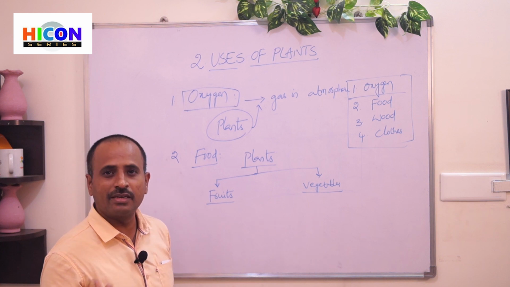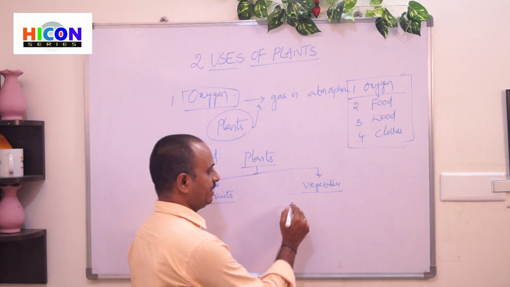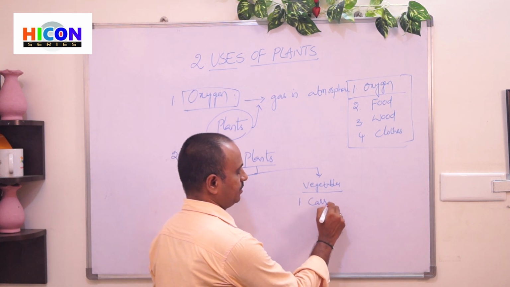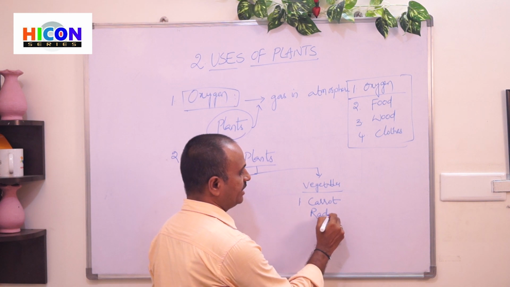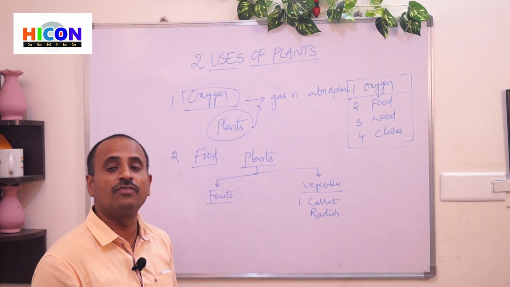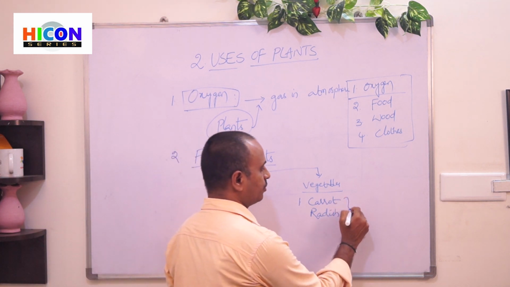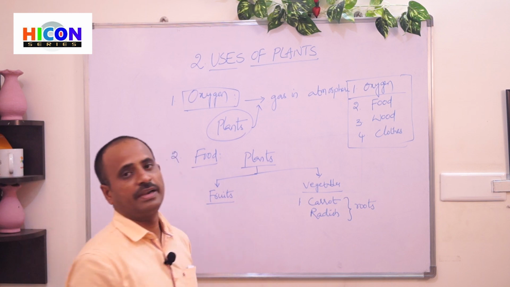And we eat the roots of some plants like carrot and radish. Carrot and radish are vegetables which are the roots of the plants.